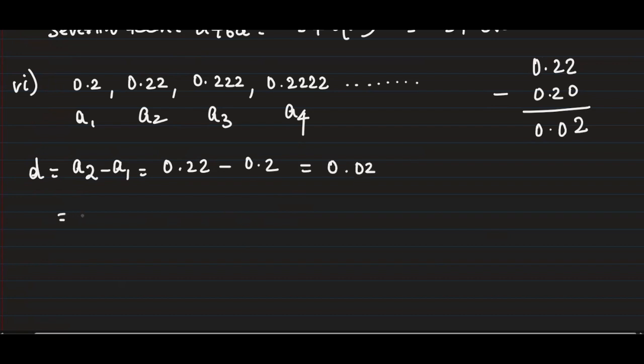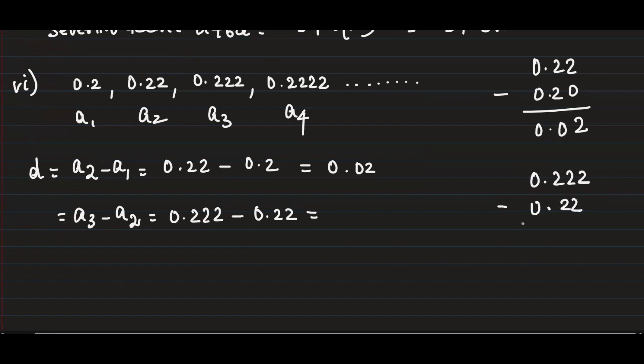Now let's find A3 minus A2. A3 here is 0.222, minus A2, which is 0.22. So if I subtract, 2 minus 0 becomes 2, then 2 minus 2 becomes 0, then again 0.